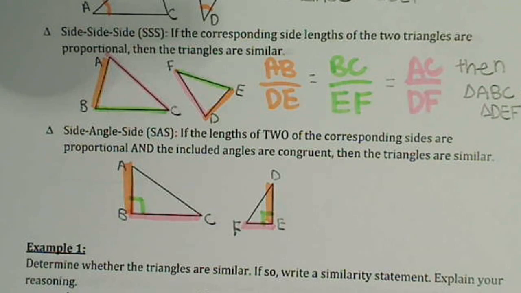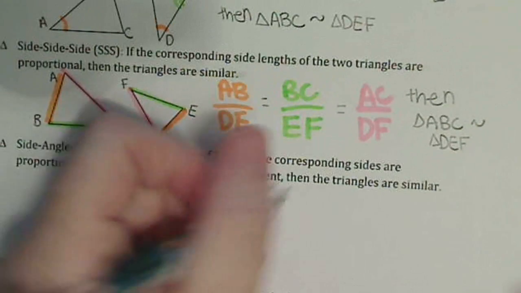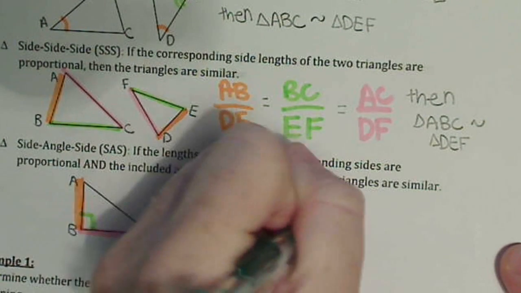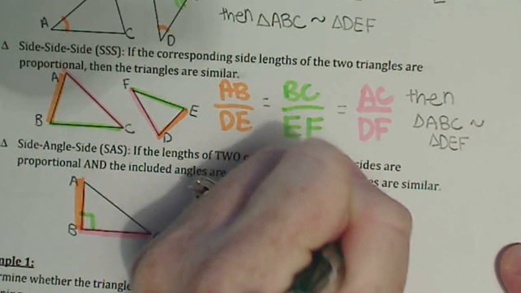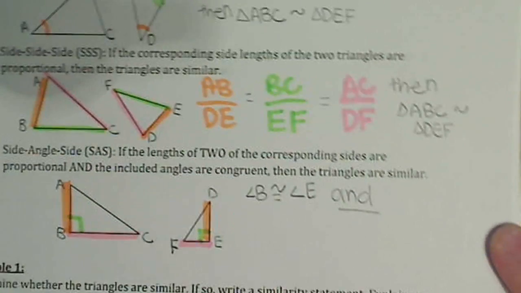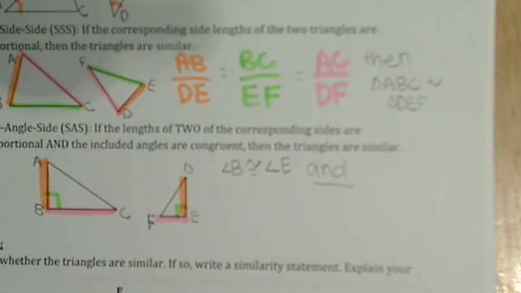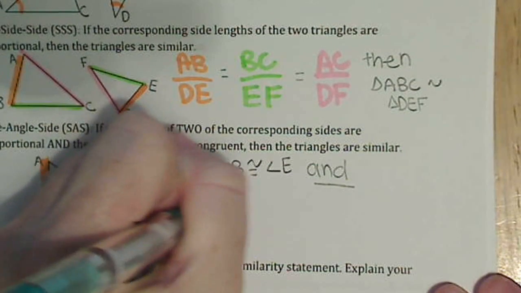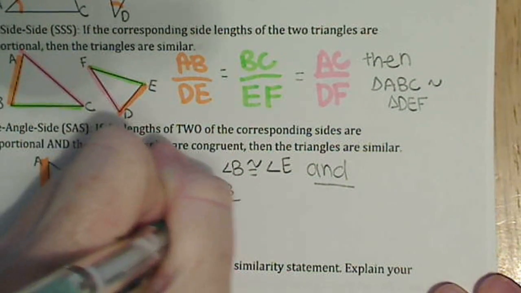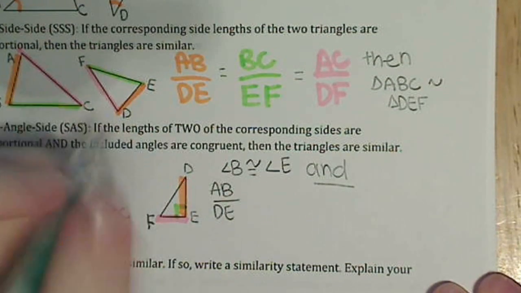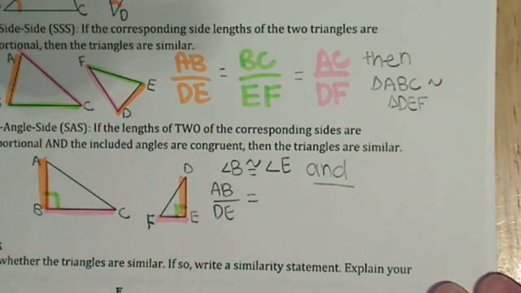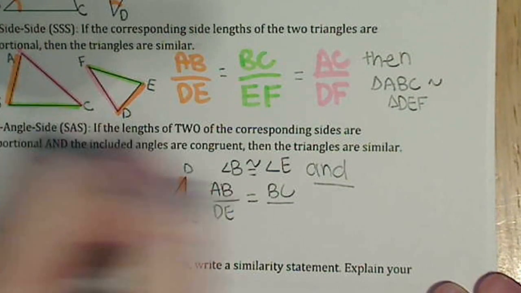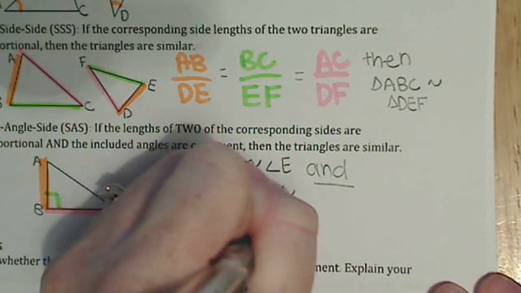If we have side-angle-side, in other words, if angle B is congruent to angle E, and, so only one angle, AB over DE, these two corresponding sides are proportional to BC and EF.